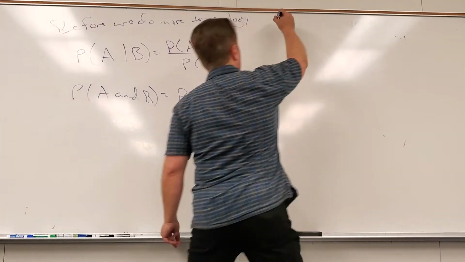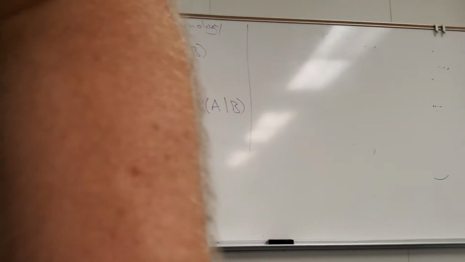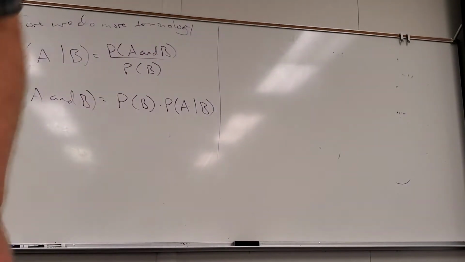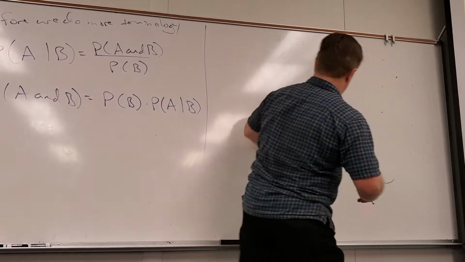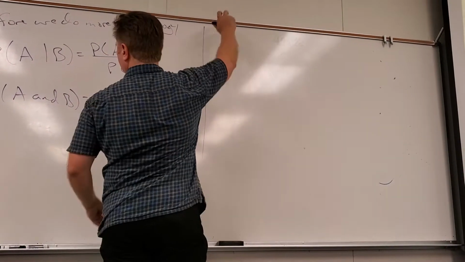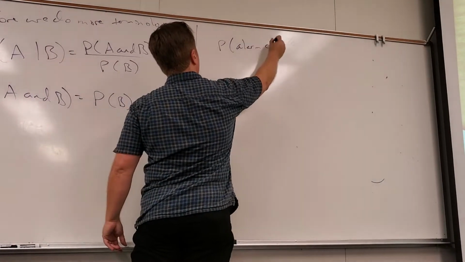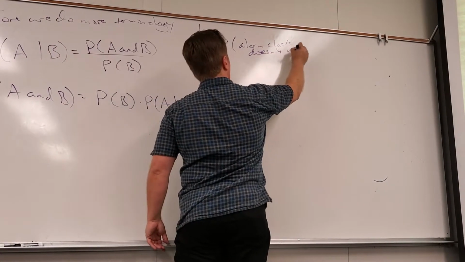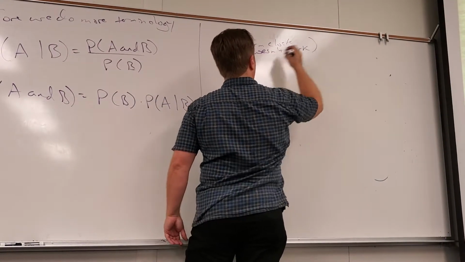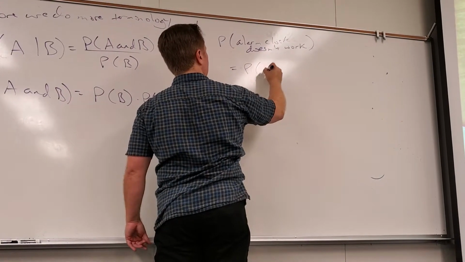So let's say that a certain alarm clock, or your phone. Your phone can do everything. All right, let's say the probability that some alarm clock doesn't work. Let's use this symbol. Doesn't work. There we go.